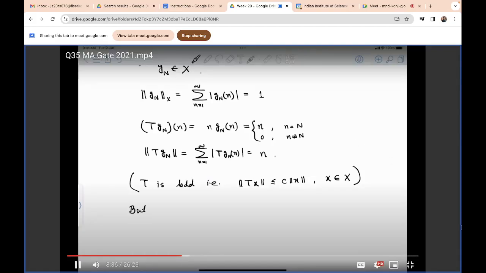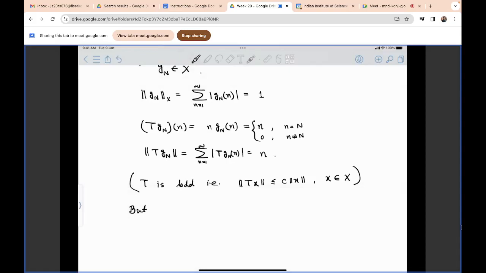But there does not exist any positive C such that the norm of T f is less than or equal to C times the norm of f for all f in X.